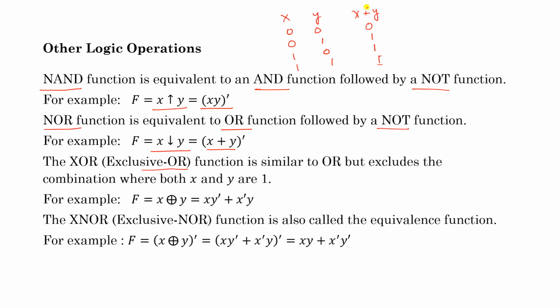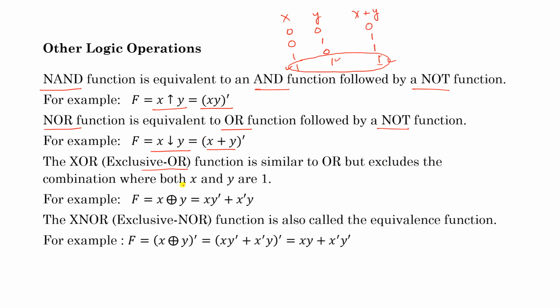So this is simple OR, basically you can say inclusive OR. Here, if you look at this case, when both of the variables are true, this is true. But when you talk about exclusive OR, we exclude this case. This one case, when both of the variables are true, is 0 in the case of exclusive OR. So we exclude this case. That's why we say exclusive OR.